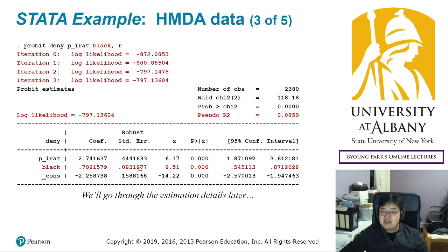It's calculated exactly the same way: 0.708 divided by 0.083. The p-value is 0. The confidence interval is given by this. The confidence interval is plus minus 1.96 times the standard error. So it is the same thing, and there is no difference.